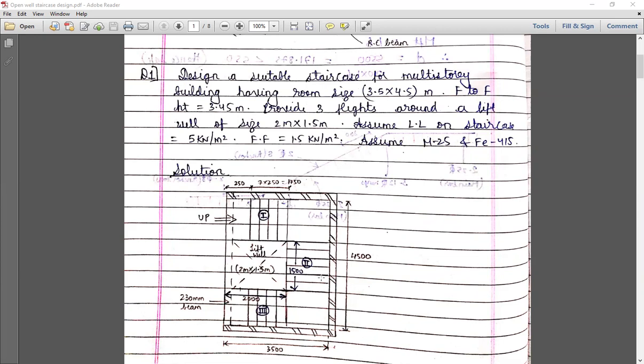So 2.75 by 2.75. Are you sure? 2.75 by 2.98. What about others?